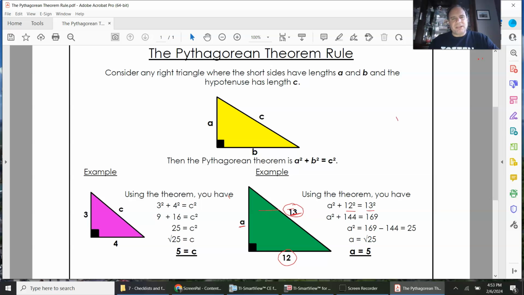Just remember when you have something that is squared, the opposite of squared is square root. It's much easier to actually do this one because C is missing. So you're just substituting A and B in as 3 and 4. So we have 3 squared plus 4 squared equals C squared. You add those two together, and remember at the end, when you square root both sides, you get the square root of 25, which is 5.